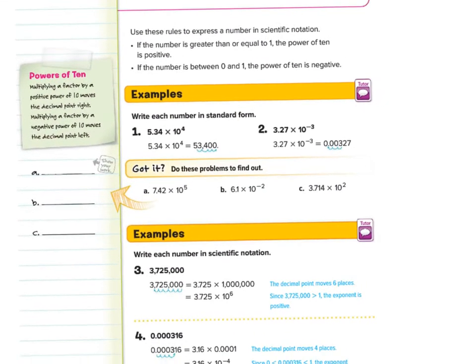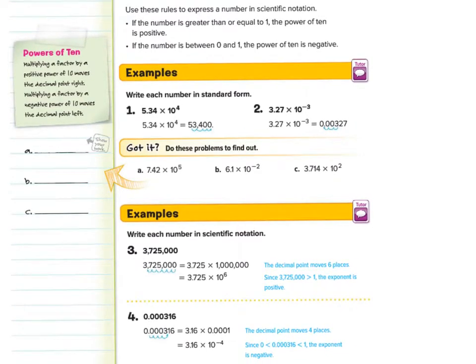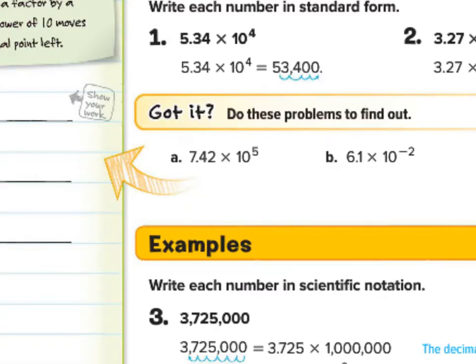Or you can go right ahead now and jump to A, B, C. Try A on your own and then watch how I do it. Pause now. Okay, so we have 7.42 times 10 to the 5th power. It's going to move my decimal over 5 times.